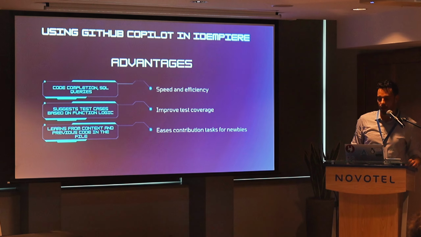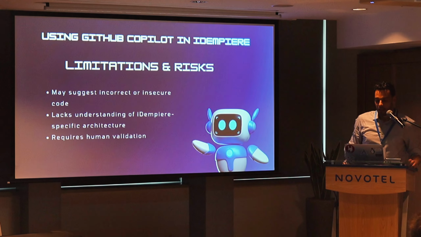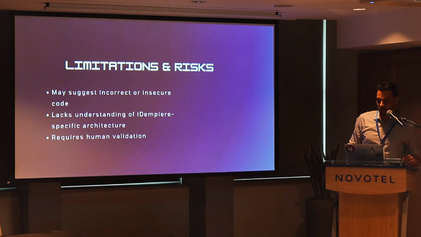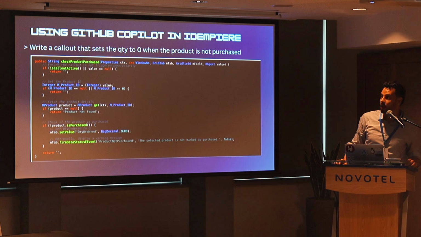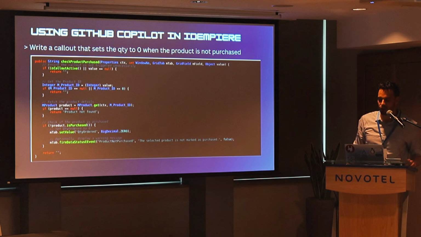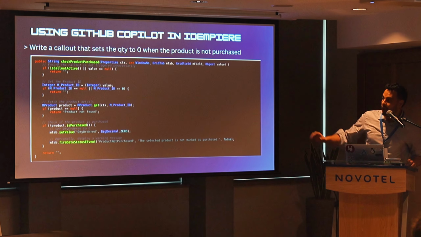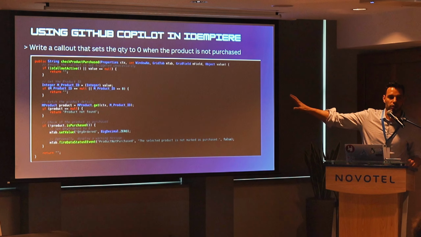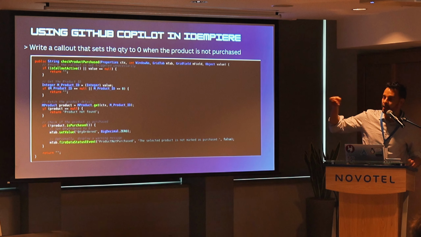So, for example, you can ask Copilot to write a callout. This is a really bad example, but it's just for educational purposes. Write a callout that sets the quantity to 0 when the product is not purchased. I don't know if you can see the code. If not, the slides are on the link I sent.